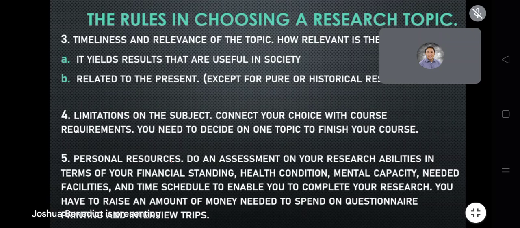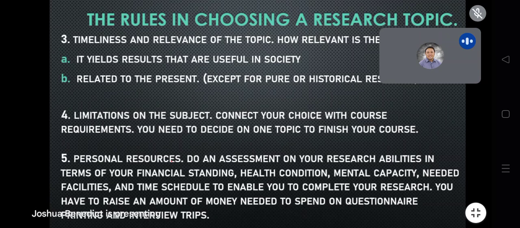Alright? Number 5, personal resources. Do an assessment with regard to your resources in terms of finances, availability of your materials, your health condition, mental capacity, facilities, time, or your timetable. All of these are part of your personal resources.